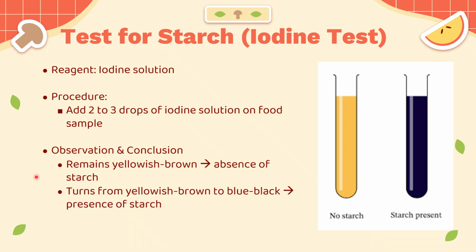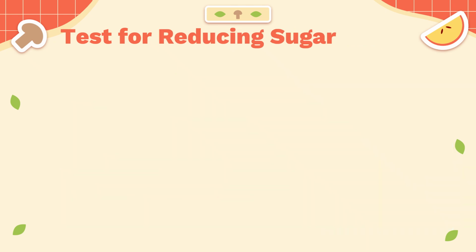However, if there is starch, you can see that there is a color change. The color will change from yellowish brown to blue black. And if you see this change in coloration, it means that the food sample contains starch. So this is starch test, very straightforward.